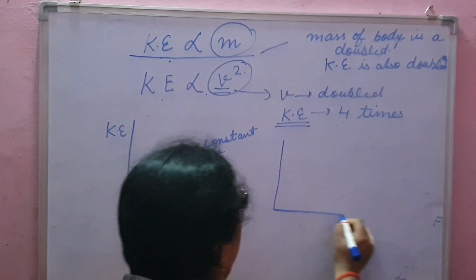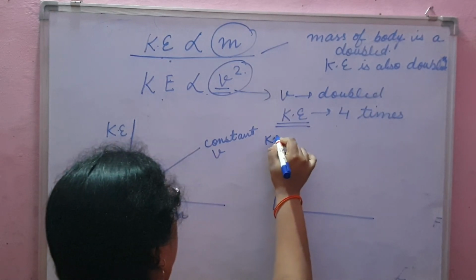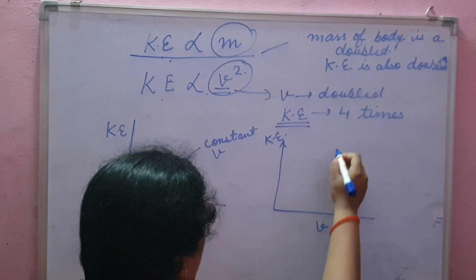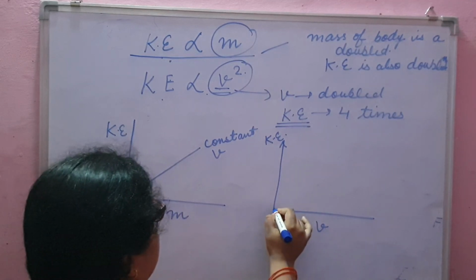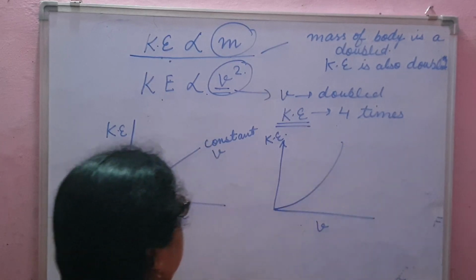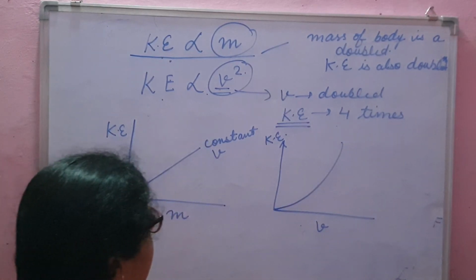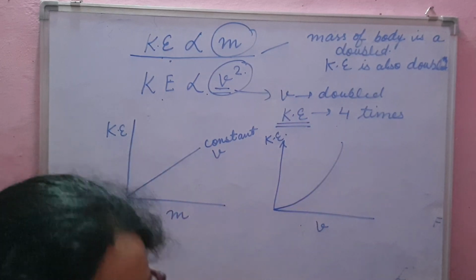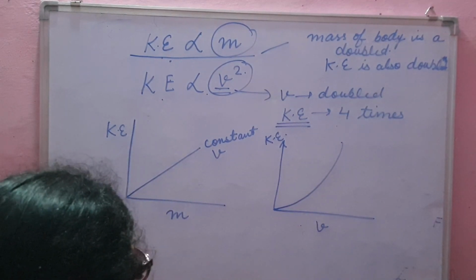Similarly, if we plot a graph between kinetic energy and velocity for constant mass, then the graph will be like this. So this is all about kinetic energy.